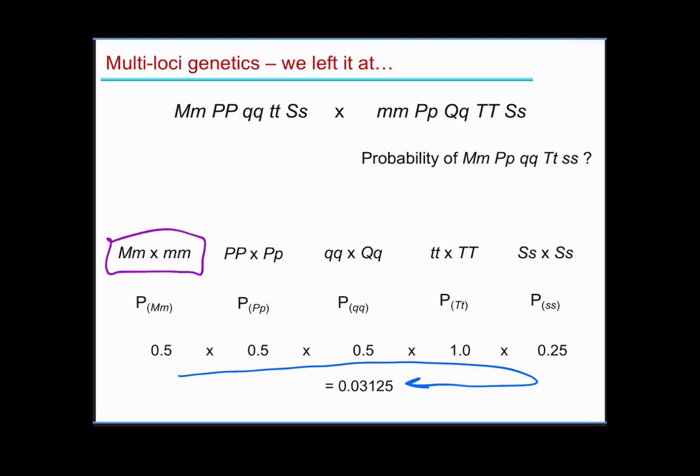And this is another interesting example. We have a cross between a homozygote recessive and a homozygote dominant. So it's not as simple as remembering the 1 to 2 to 1 ratio of genotypic outcomes, because that 1 to 2 to 1 of homozygote dominant to heterozygotes to homozygote recessives applies only to the monohybrid cross.